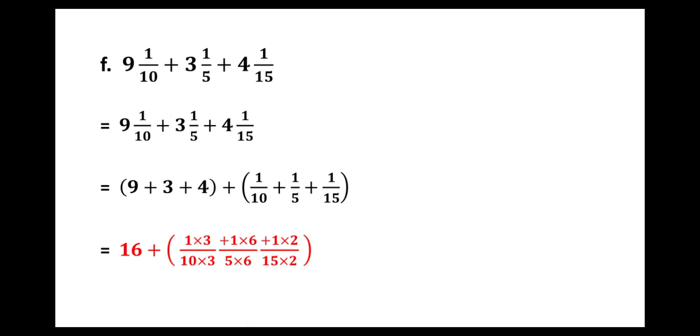So we multiply 1 by 5 with the number 6. The next fraction is 1 upon 15, and 2 15s give us 30. So now I multiply 1 upon 15 with the number 2. So after the multiplication, we get 3 upon 30 plus 6 upon 30, plus 2 upon 30.